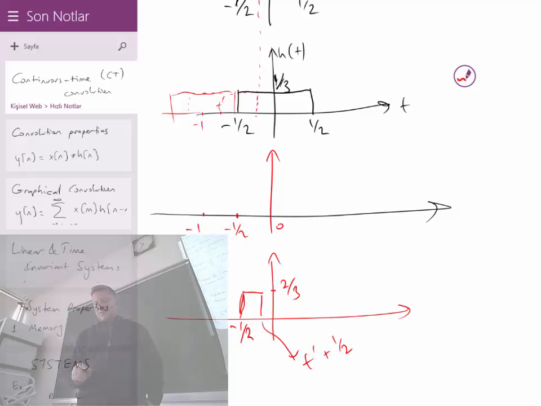These two are the limits that you have to evaluate. The integral, and the integration is to find the area underneath. So the distance between -1/2 and t prime plus 1/2 is t prime minus 1.